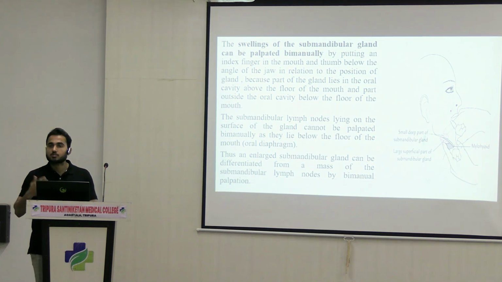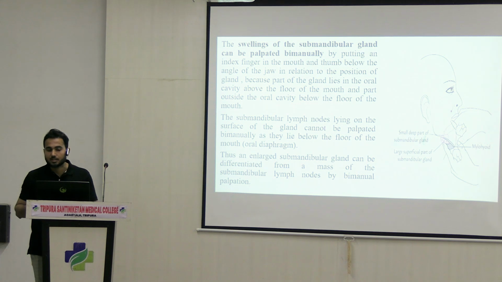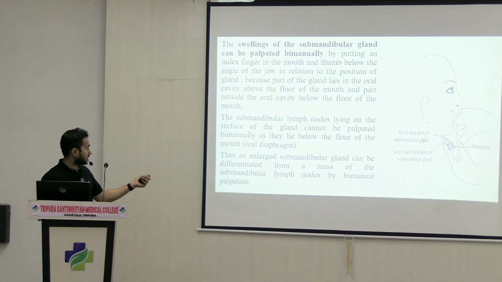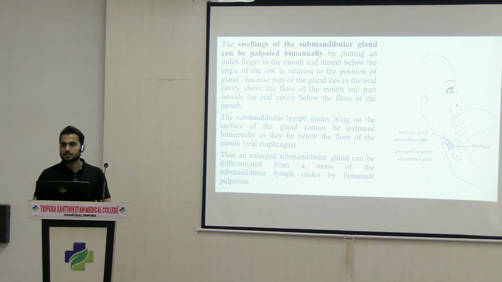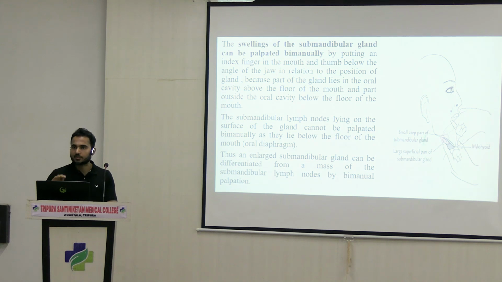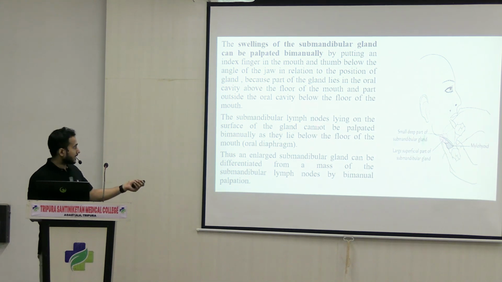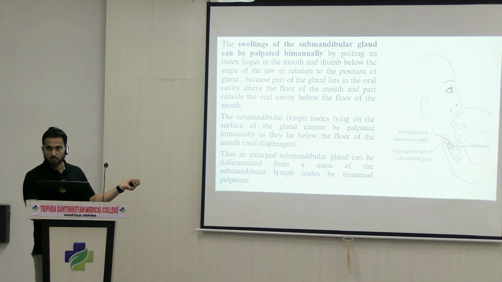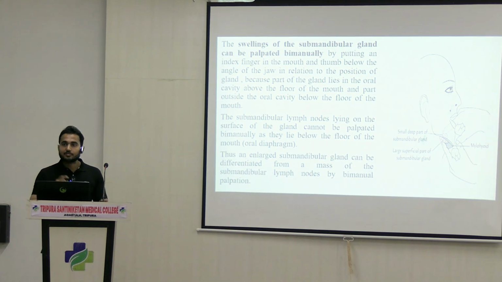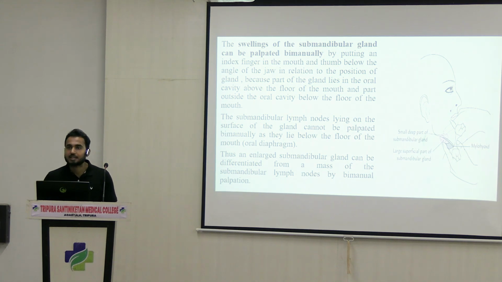Now the question is why we have to do it like this. There are some submandibular lymph nodes lying on the surface of the gland. Those cannot be palpated bimanually as they lie below the floor of the mouth. So if there is any swelling, that can be palpated and differentiated.